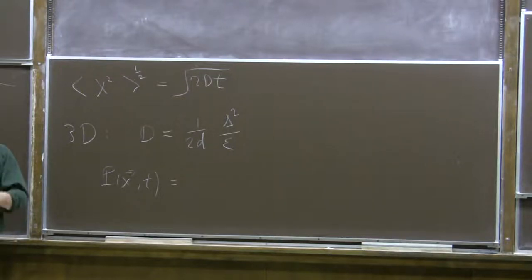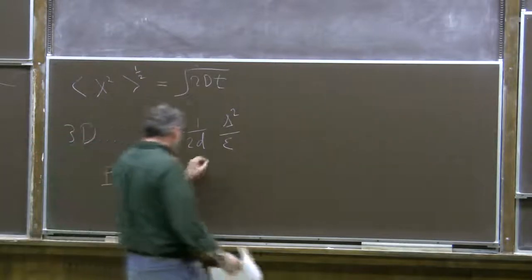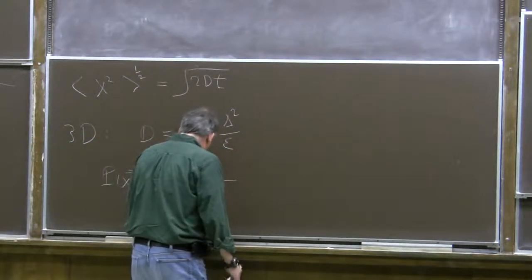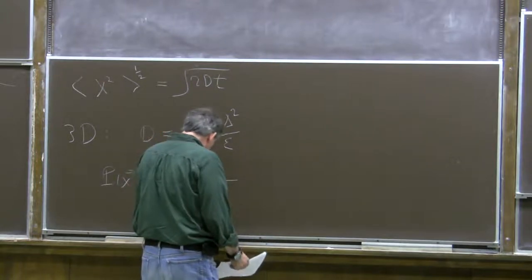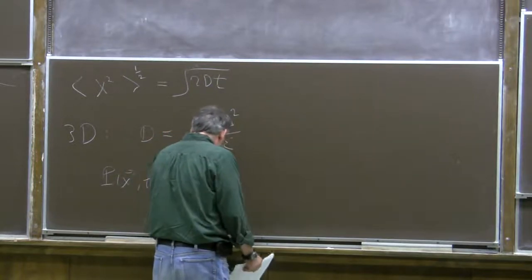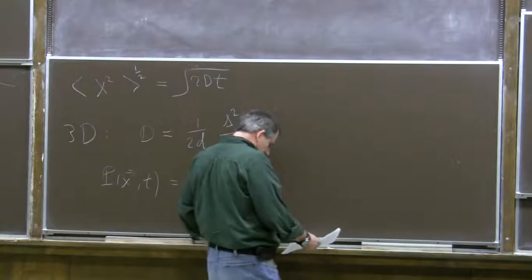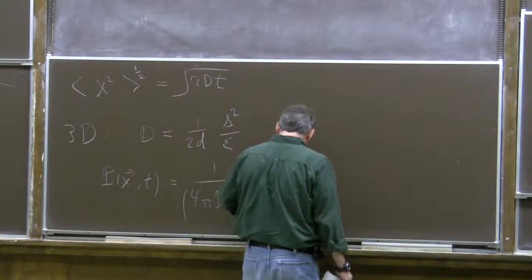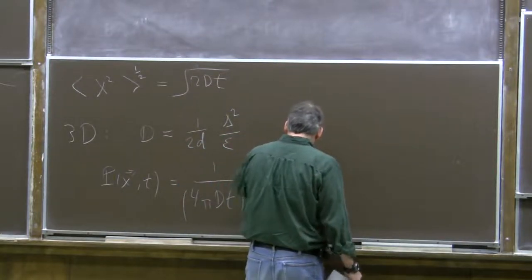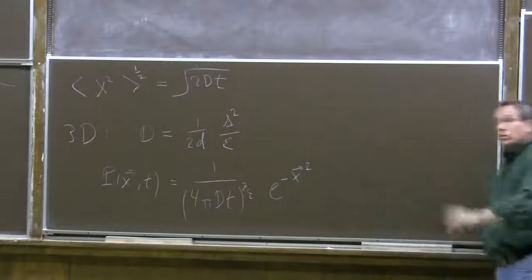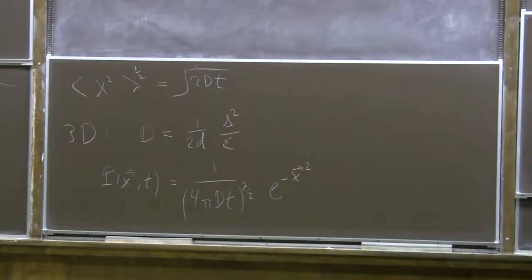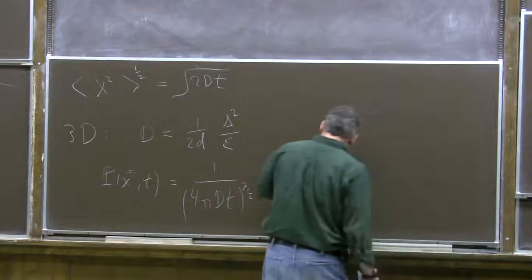So we're interested in the excess of steps up versus steps down, steps left versus steps right, and steps forward versus steps back. So it would be 1 over 4 pi dt to the 3 halves, and then the exponential, well, e to the minus vector x squared, so x squared plus y squared plus z squared divided by 4 dt.